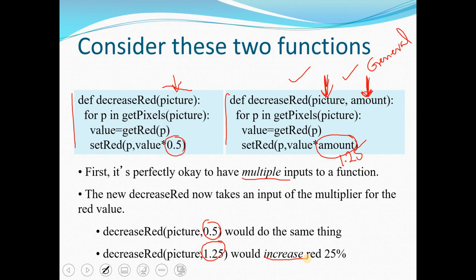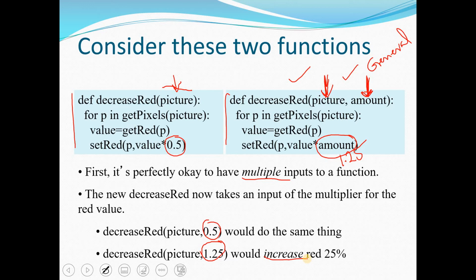In general, in programming, you must write functions which are more general, which can do many things, which are not very specific or restricted. Functions should be tunable. They can do many things, and based on the inputs they can be tuned to do something specific that you want to do.